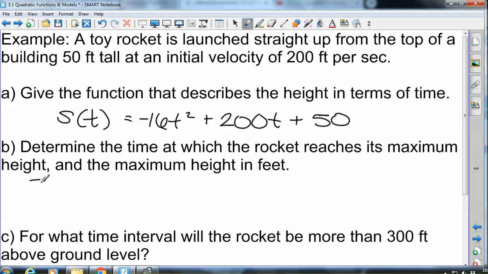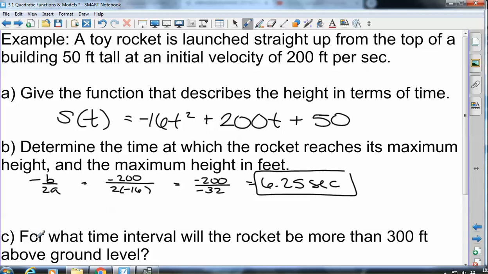You could graph it or do the opposite of b over 2a, couldn't you? Because I'm just looking for the maximum. So that would be negative 200 over 2 times negative 16. We get 6.25, that would be my seconds.